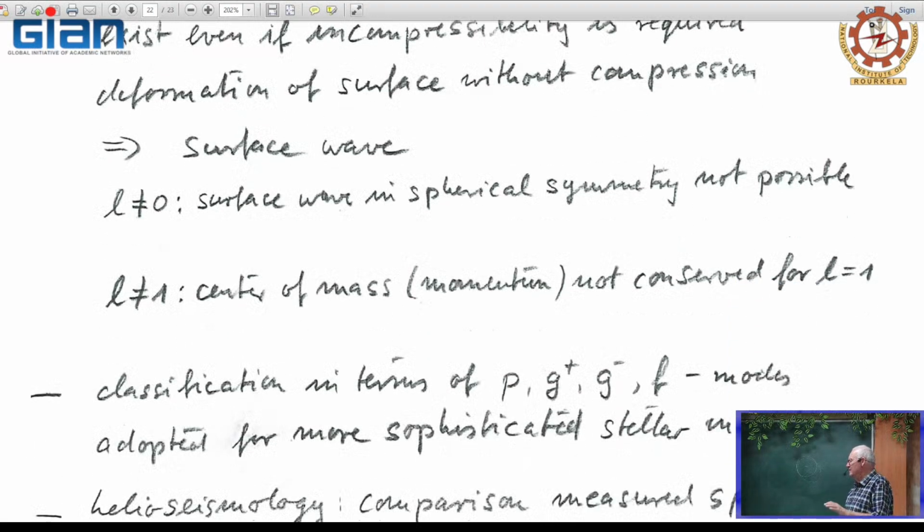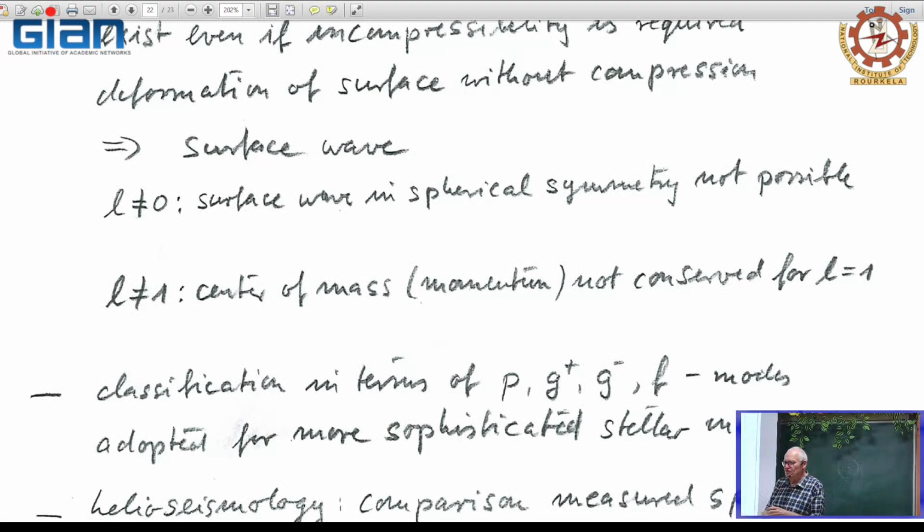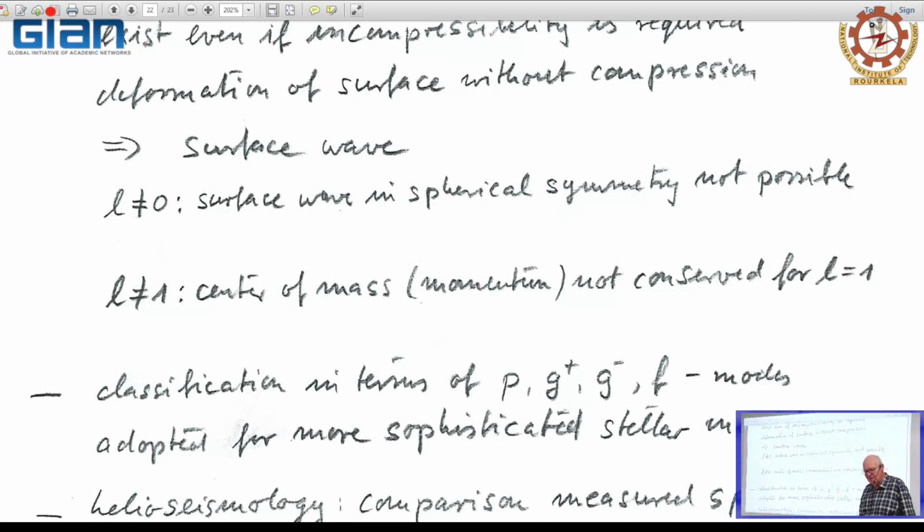Well, despite the fact that the classification in terms of G minus, P modes, G plus modes, and F modes has been done on the basis of very simplified and idealized models, this classification is also adopted for more sophisticated models just to get a classification.